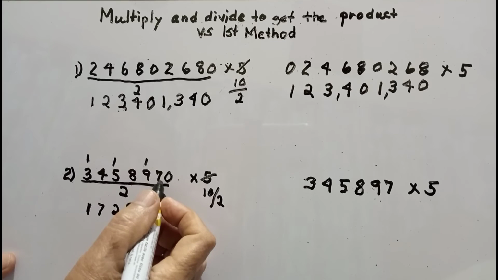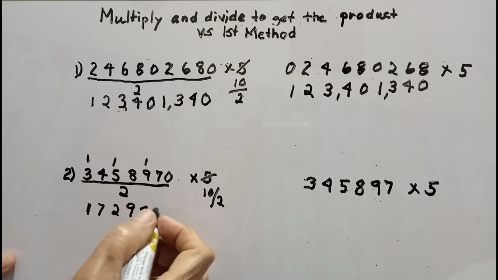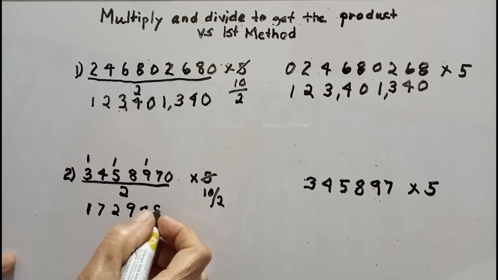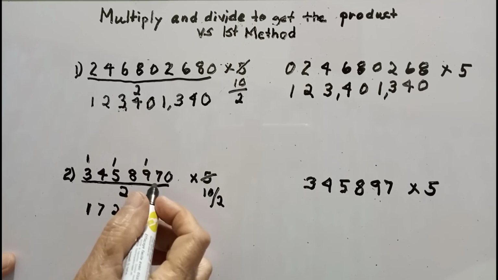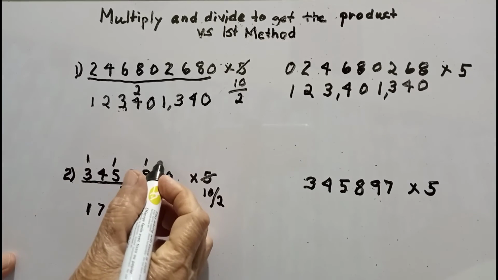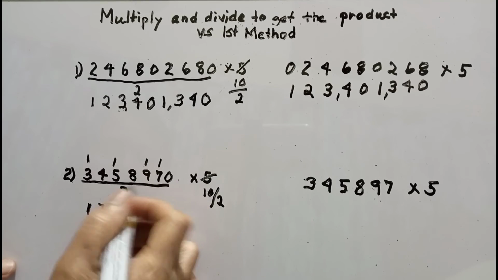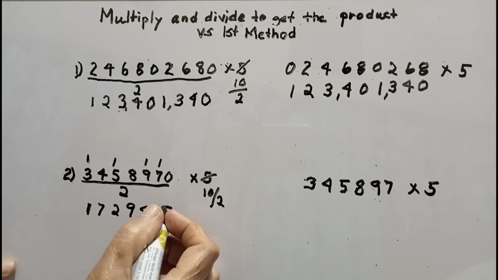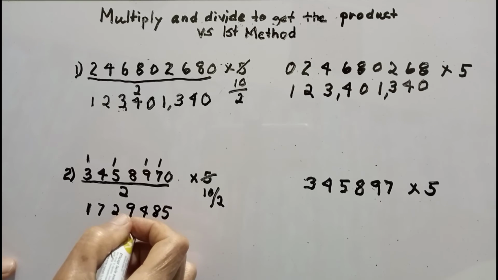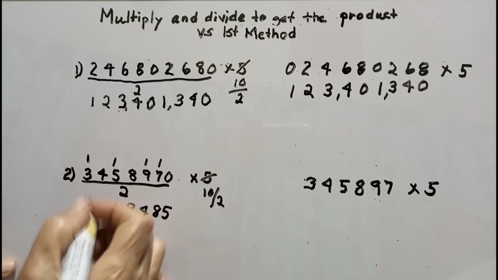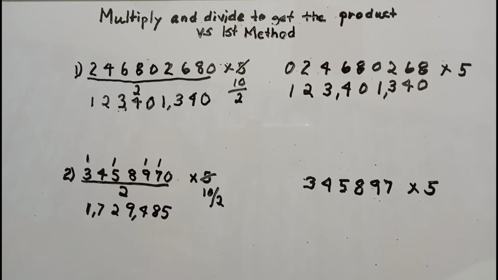So that becomes 17. 17 divided by 2 is 8. And then that would be 16. You have remainder 1. So that becomes 10. 10 divided by 2 is 5. So the answer is 1,729,485. You can check this out.